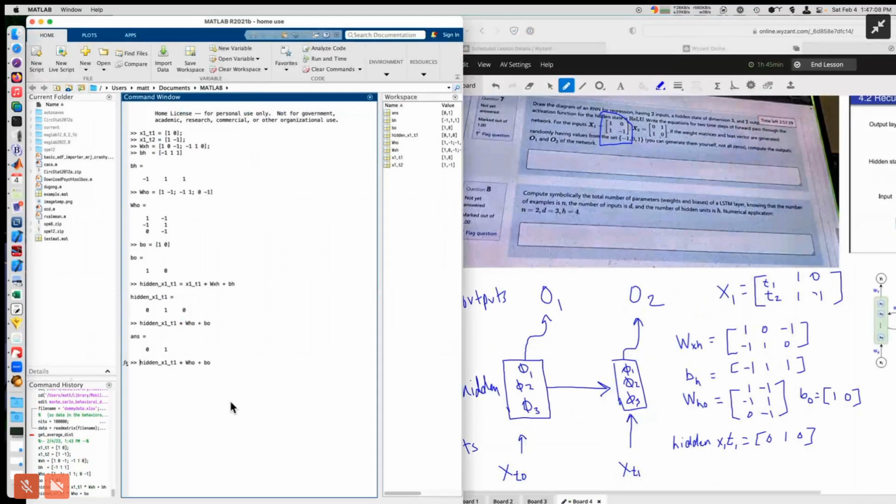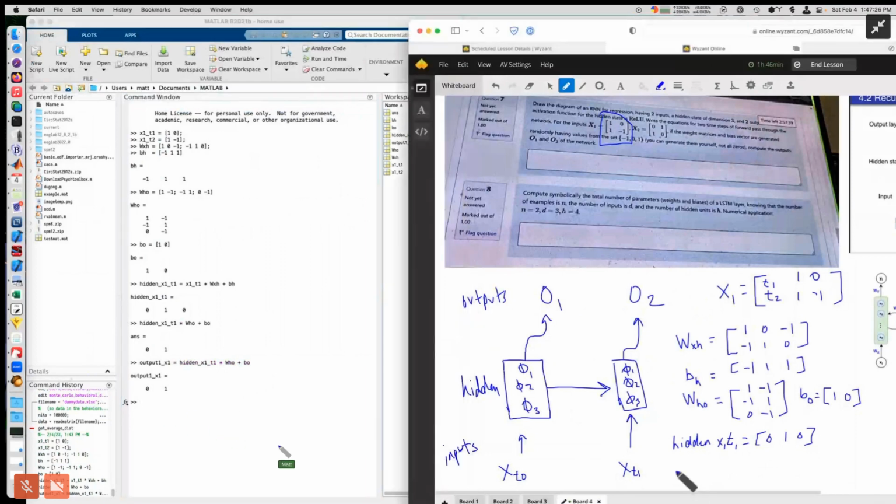So that would be output 1 for x1. Okay, and then I realized there's something else we haven't put in yet.